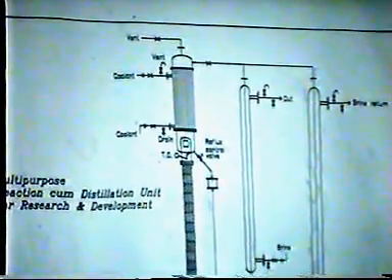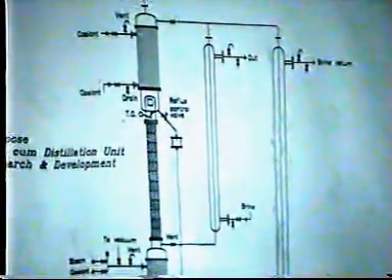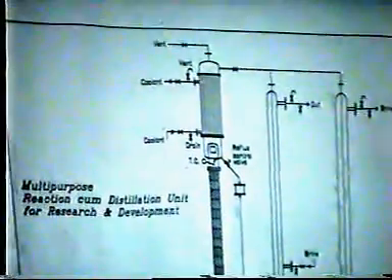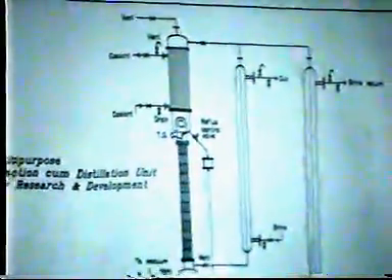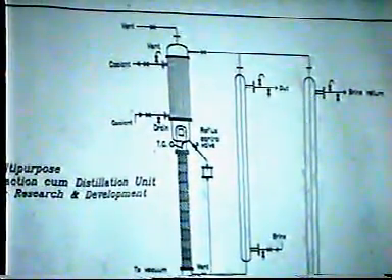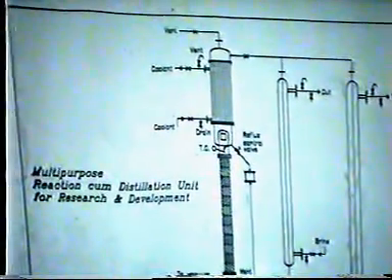Then the vapors are likely to come out from the condenser. So this vapor trap vent gives you that idea. If the condensate comes drop by drop, you can see from that bottom meter there, if the condensate is coming out from there, you can know that the boil-up rate is much higher than the condensing rate.